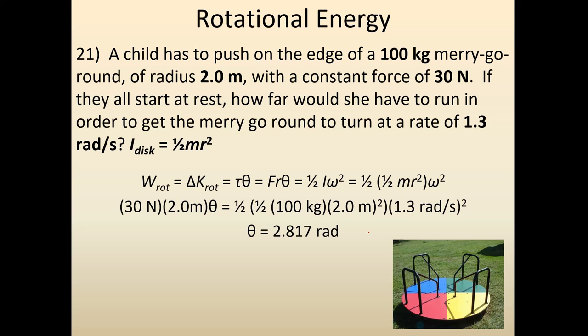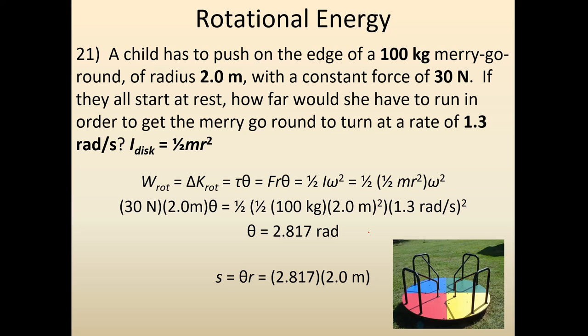So this normally isn't what we would consider for a question like this. If this was a multiple choice question, you would have to look at your choices and see what kind of units they're giving you. If they're giving you units in radians or no units at all, then this would be a fine ending point. But most likely they're going to want you to convert this.